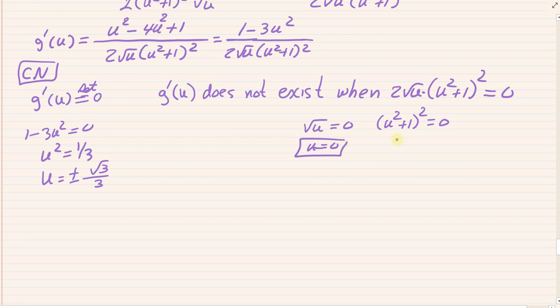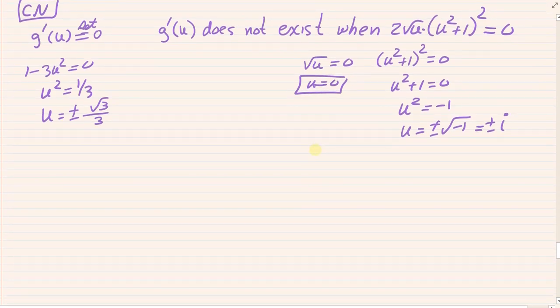Now, u squared plus 1 may be 0, or u squared is negative 1, and u is going to be plus or minus root negative 1, which is plus or minus i. These are not real roots, these are complex roots. Because we are looking for real zeros, there's no way u squared plus 1 can be 0 with real numbers. So we're just going to discard that one.